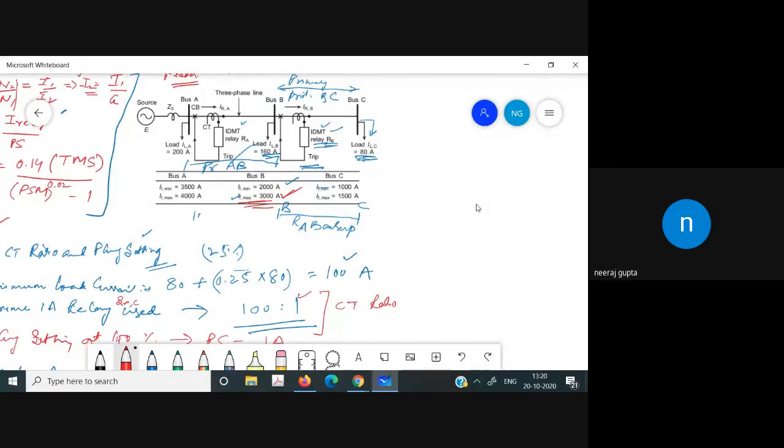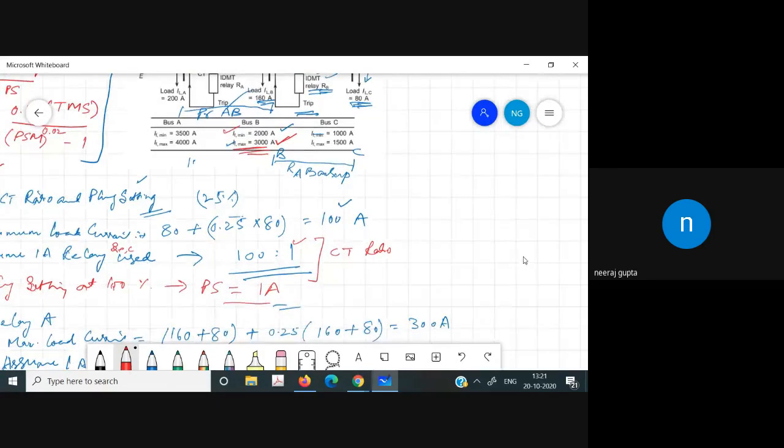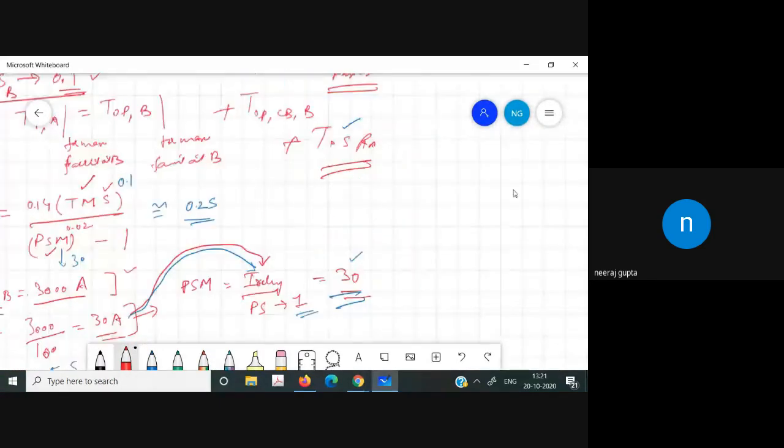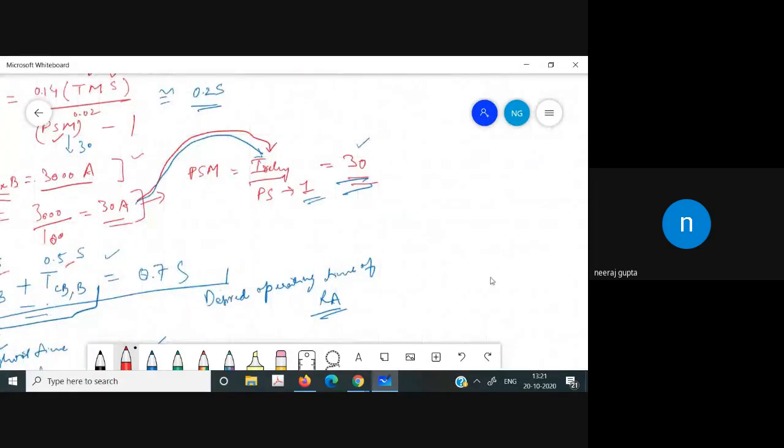In this case, the minimum fault current is 2000 ampere at the bus B. Now we have to check whether the selectivity for the relay A is maintained or not by using these settings.